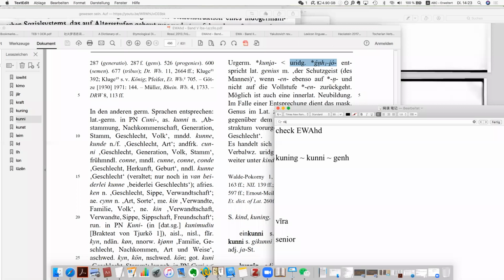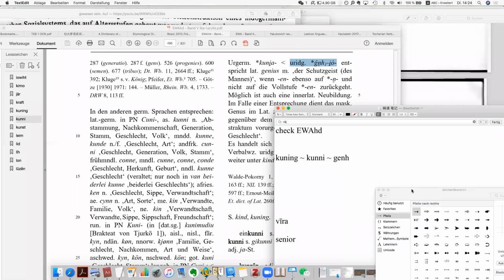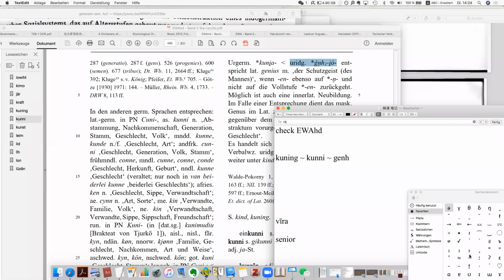This is the Indo-European root. So it comes actually from this root. Can anyone tell me what this looks like in Indic or in Sanskrit? What is the Sanskrit root for gen?